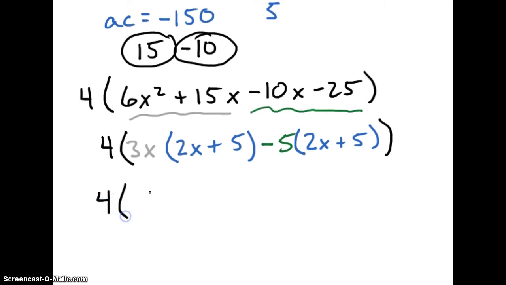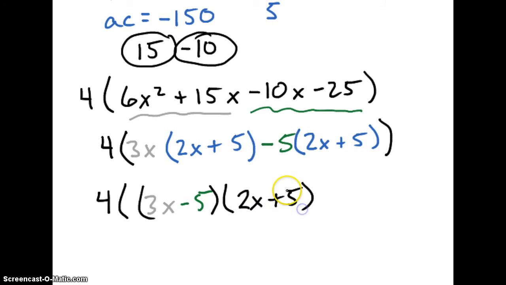Again, this 4 is going to stay on the outside. I've got 3x times the blue thing, and I've got negative 5 times the blue thing. If I've got 3 x's of these, and I have negative 5 of these, I can just add those coefficients together. I can take the 3x, and then I can subtract 5, and then I can multiply that quantity times 2x plus 5.